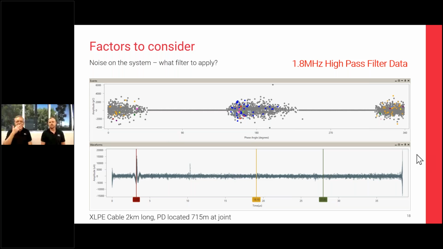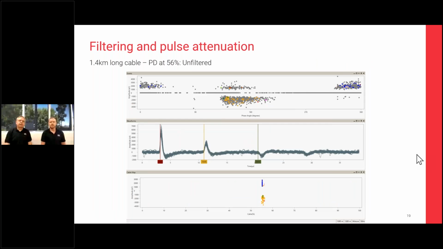So I've got another 3 examples here of the effects of filters before I hand over to Brad and the case studies. This particular one is on a hybrid. It's XLPE tails into a paper lead cable, so an older circuit, and this is 1.4 kilometers long. And in this instance, it's very quiet. We've got very limited external noise on that system.